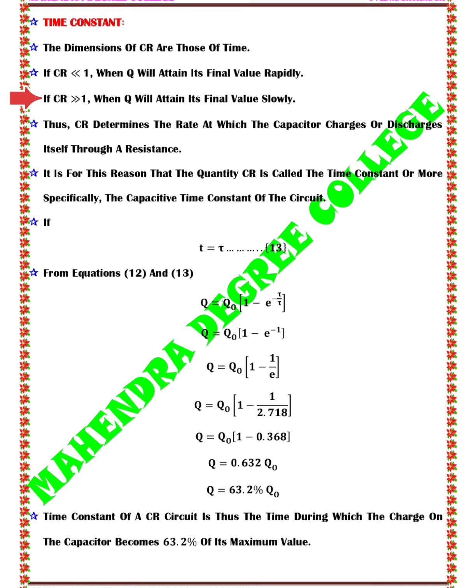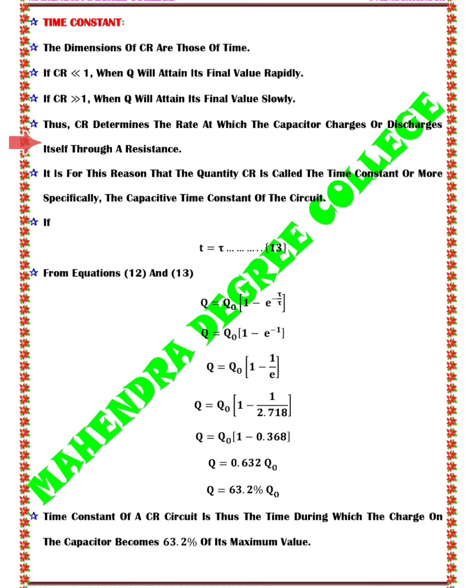The time constant is large, the system responds slowly, and Q reaches its final value slowly. Thus, CR determines the rate at which the capacitor charges or discharges itself through a resistance.